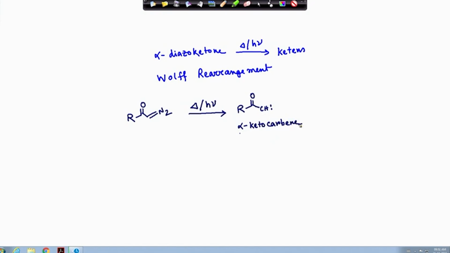Now, if we have this alpha ketocarbene, the rearrangement can happen, and if this rearrangement happens, it will give you the corresponding ketene.